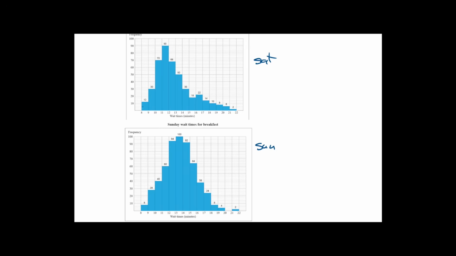Well, we notice that it seems to be on a Saturday, it seems to be skewed to the right. So it's almost like a Weibull distribution. So it kind of goes like that. So it skews off to the right slightly, whereas this one is almost bell-shaped.